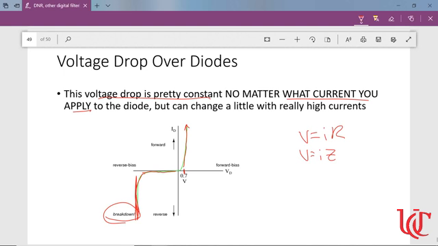A lot of our other things change voltage slightly based on what current. We've even had to be careful of how much current we're trying to draw out of our batteries and our power sources because they can't supply that voltage with that much current. Diodes will keep this pretty nice voltage reference of 0.7 volts fairly constant because of that. Questions or concerns about that?